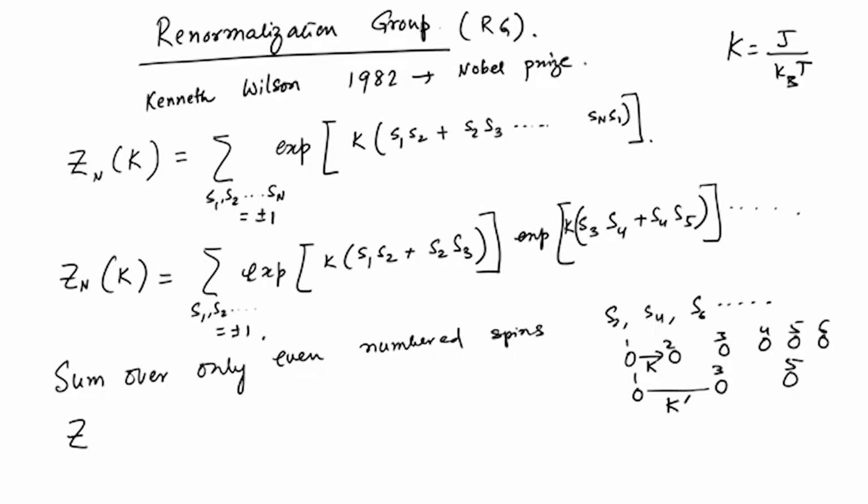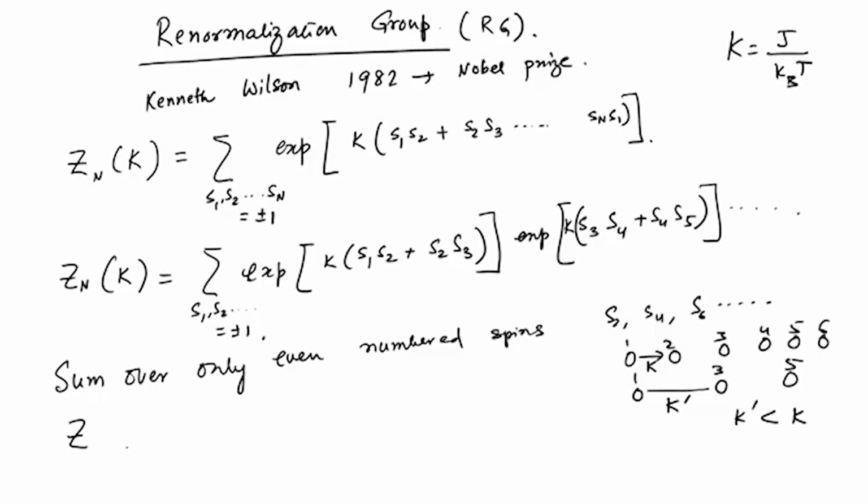In that case the system starts looking identical at all length scales. Length scales means the differences between the spins denote the length scales, and your K and K prime depend on that. It's very easy to see that K prime is smaller than K. Okay. So, we go from a larger coupling constant to a smaller one as we do that.